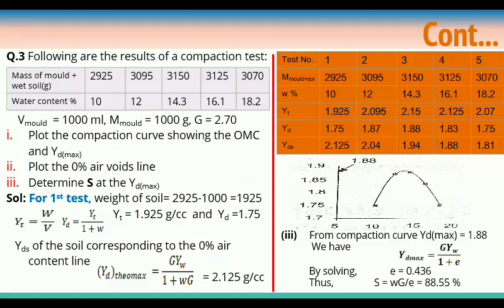What is w? w is the optimum moisture content, which is around 15 point something. Putting this value in, we get the degree of saturation, 88.55%.